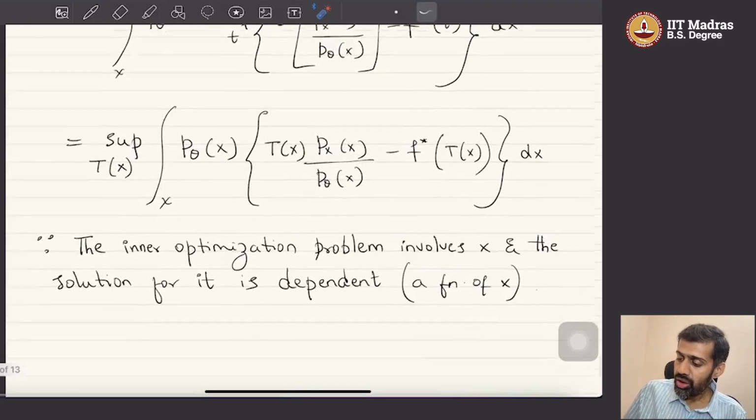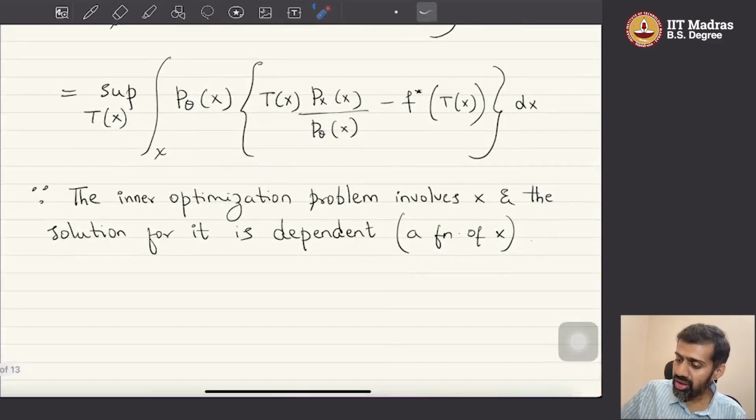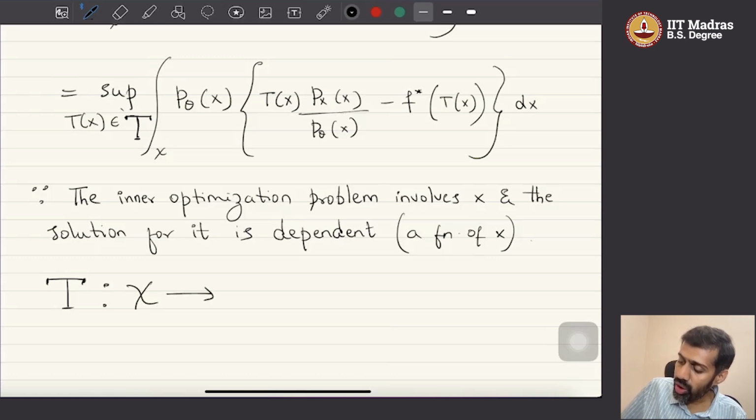So this search is over the space of all functions, script T. So what is script T? Script T is the space of all functions.